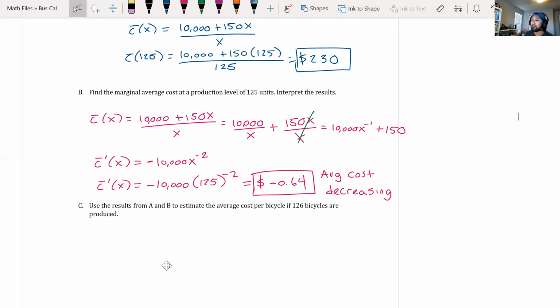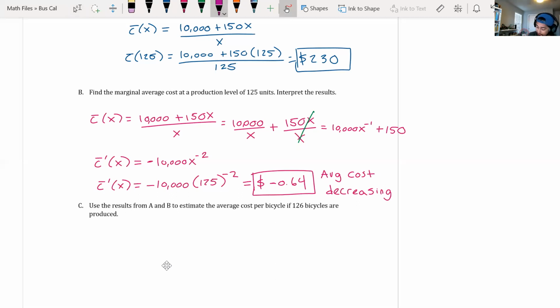So if 125 bicycles cost us $230, and then in B, it says if we produce any more after 230, the cost is going to decrease by 64 cents. So this means that if we want to produce 126 bicycles, all we have to do is take the average cost of 125 bicycles and subtract the amount that is decreasing.